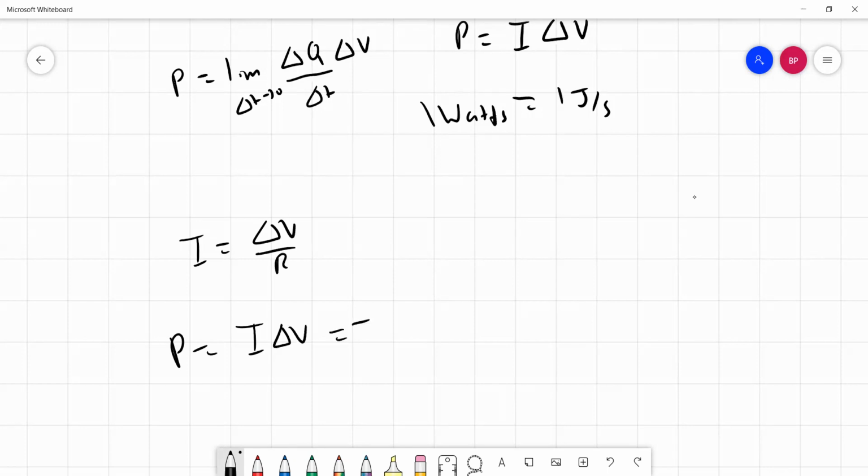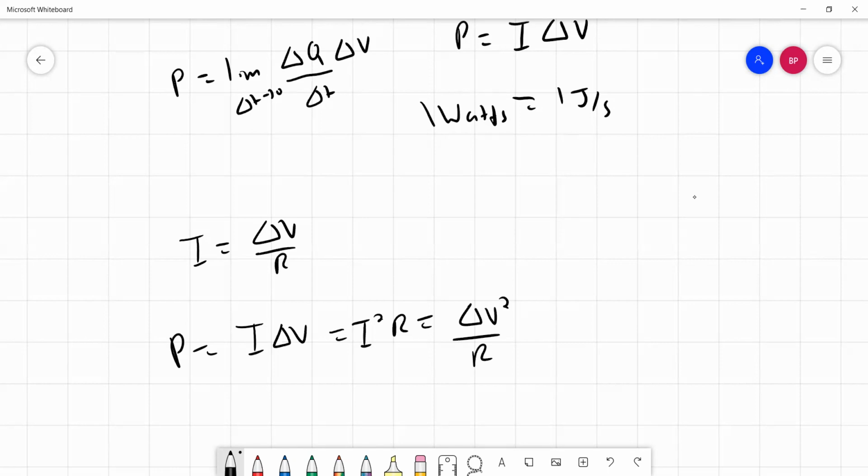But we can also write this as I squared times R if we plug in delta V from Ohm's law into here. Or it can also be the voltage across the circuit squared divided by the resistance if we plug this in directly for the current here.